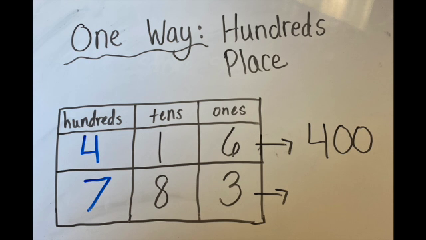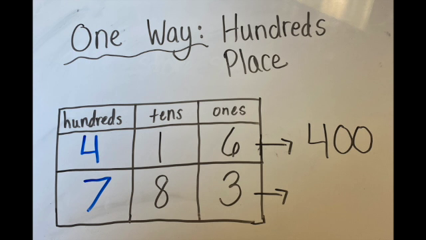Next, let's take a look at 783. When I look at the hundreds place, remember I have a 7 in my hundreds place. So that means, is 783 going to be closer to 700 or 800? Let's take a look at the tens place.